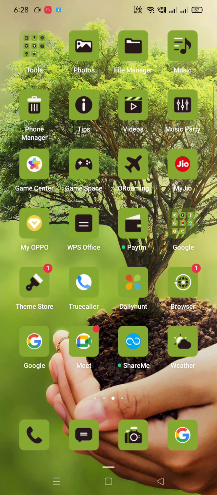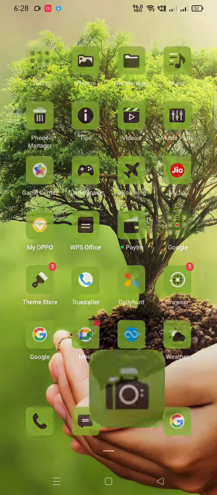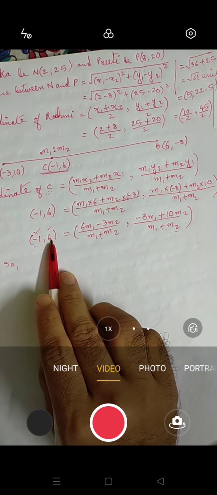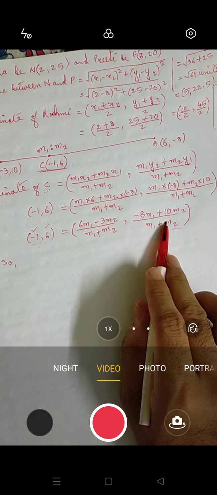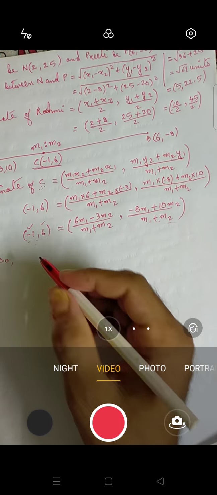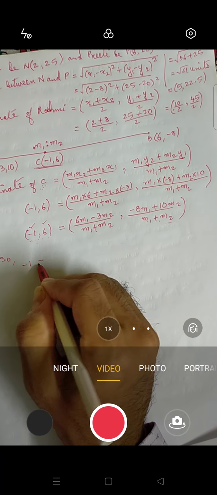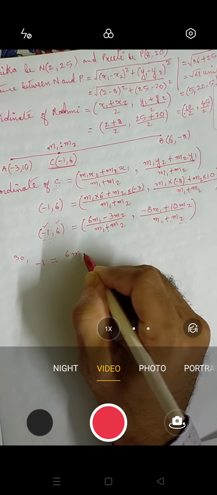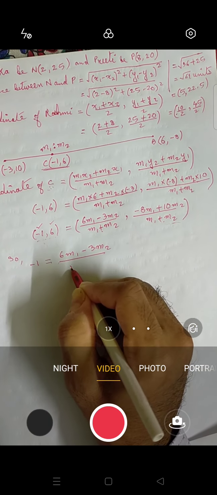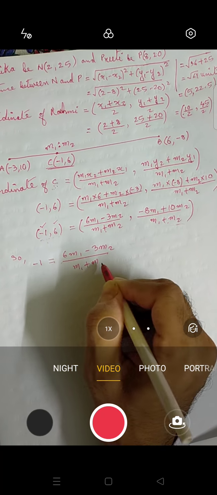So same way, this is x, this is y. So can I say that LHS is equal to RHS? That means minus 1 equals to 6m1 minus 3m2 by m1 plus m2. Understood?